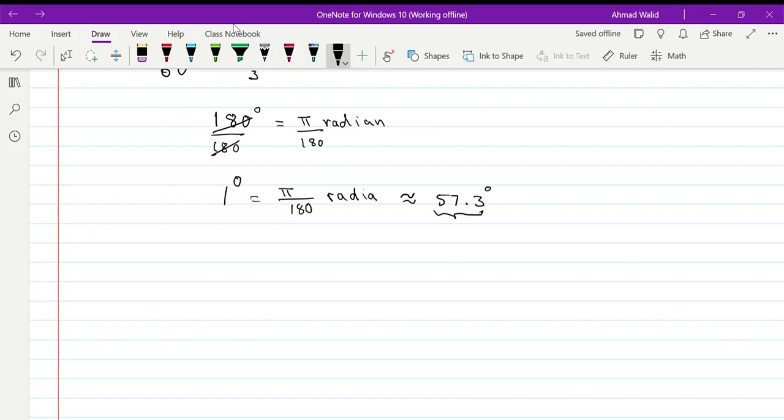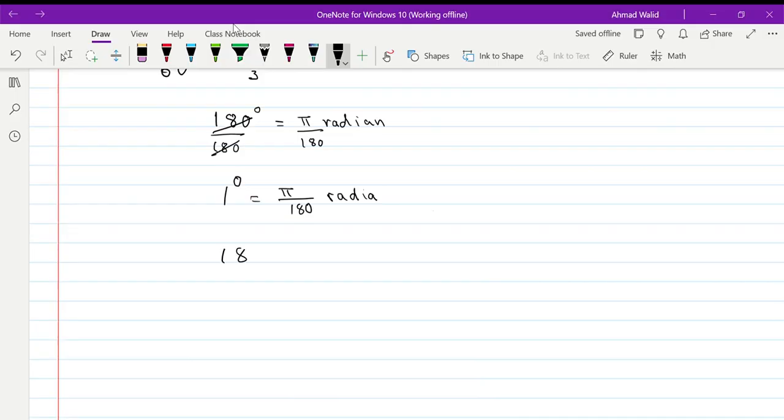But to understand, 1 radian is 57.3 degrees, correct? Not here, sorry. The next one, I jumped a little bit. 1 degree is pi over 180.